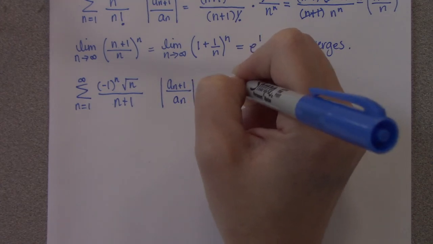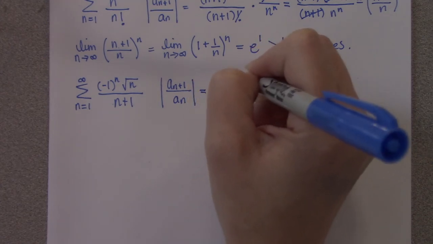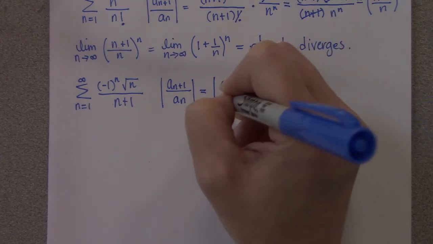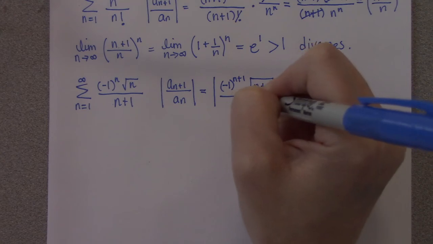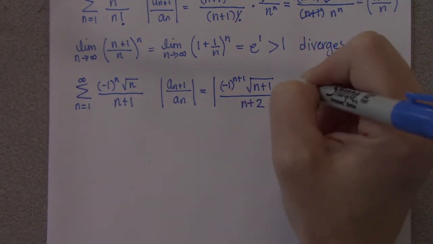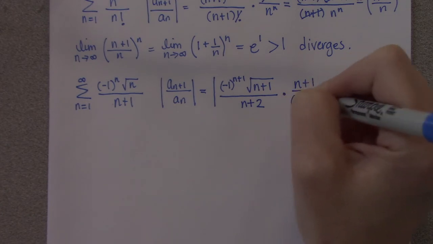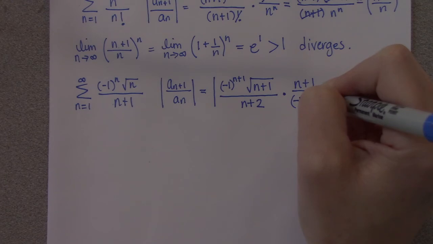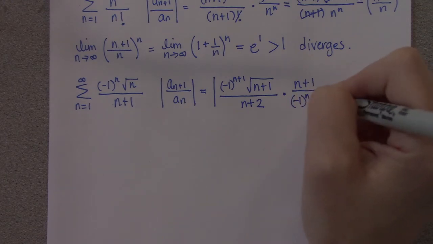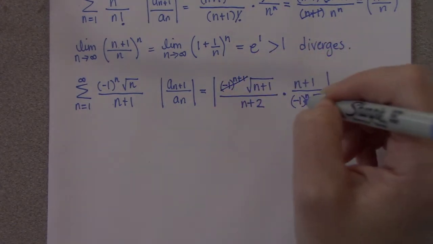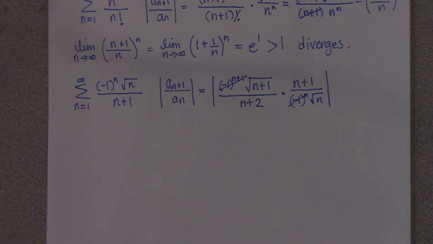So we have the absolute value of -1 to the n plus 1 times the square root of n plus 1 all over n plus 2 times n plus 1 over the square root of... or sorry, -1 to the n times the square root of n. So the absolute values are wiping out the negative terms.